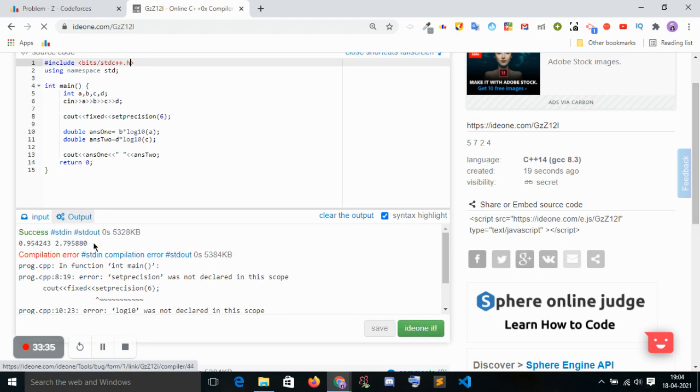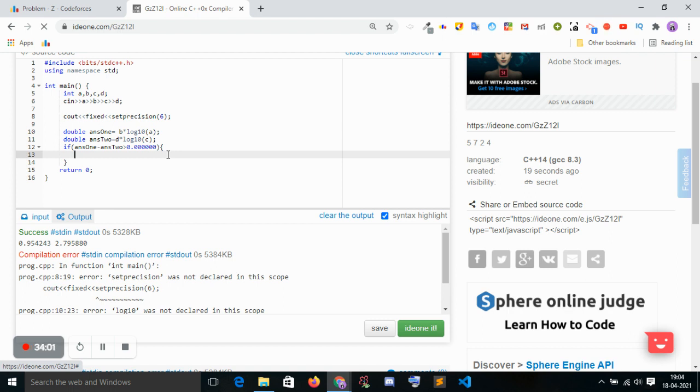So to check which is bigger, if answer1 minus answer2 is greater than 0.000006, till 6 digits. Okay, it's an error.